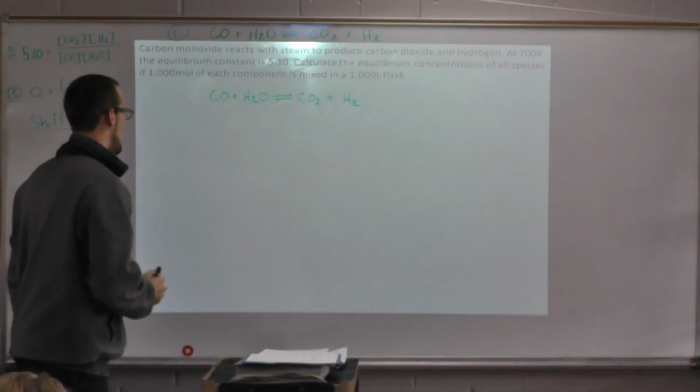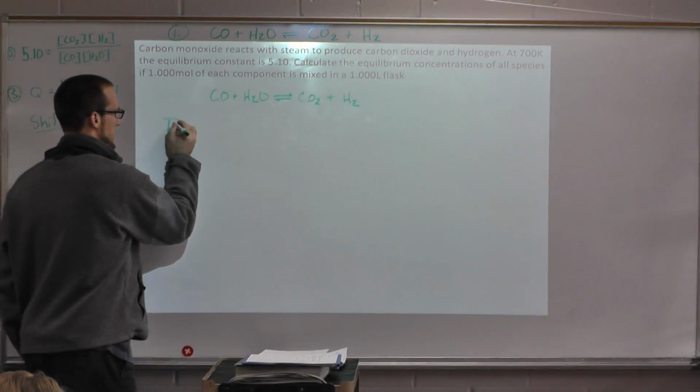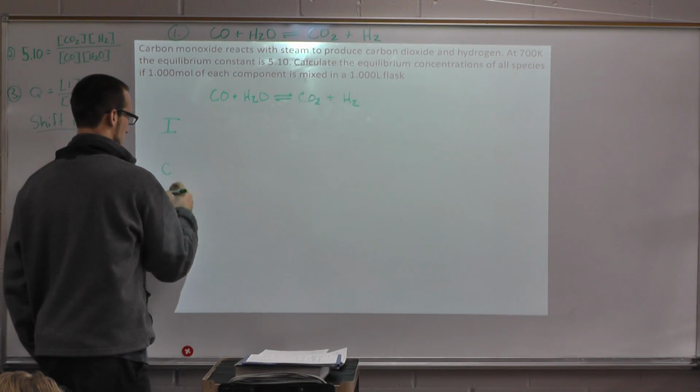Okay, so I'm going to start my ice table here. I, C, E. And actually, just 1 for everything, I'm just going to write kind of what they represent.